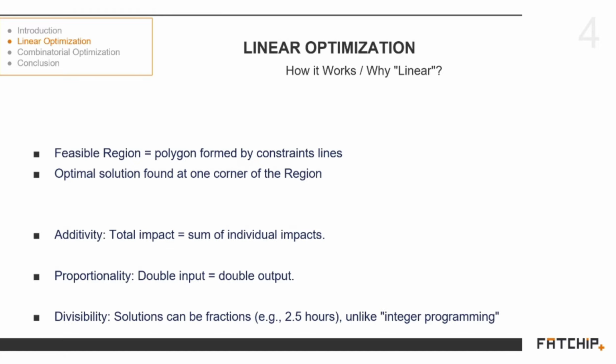So those constraints form, say, a polygon that shows the spectrum of the possible solutions that respect all the constraints.